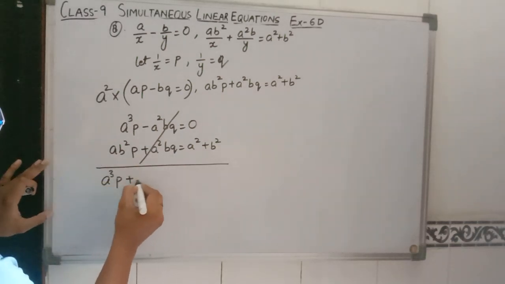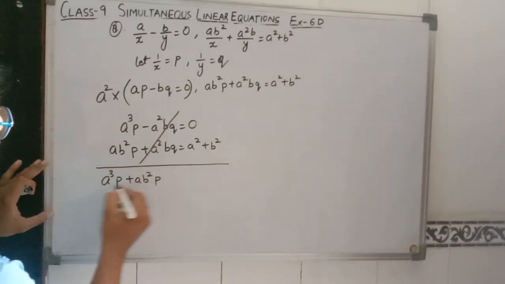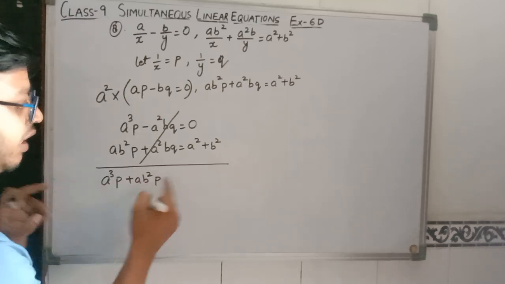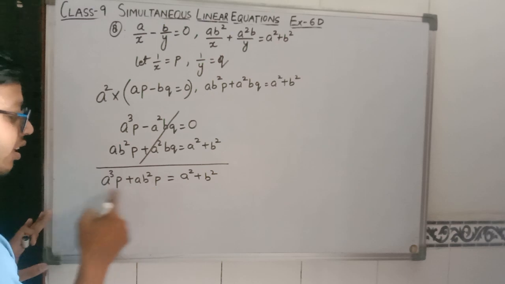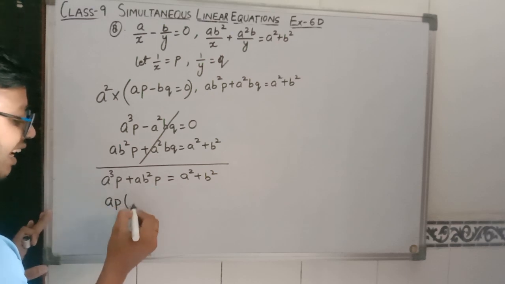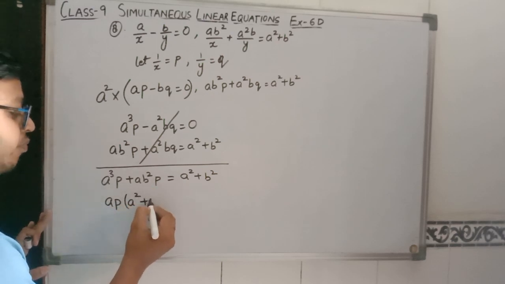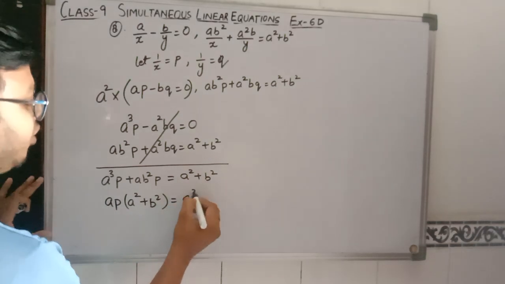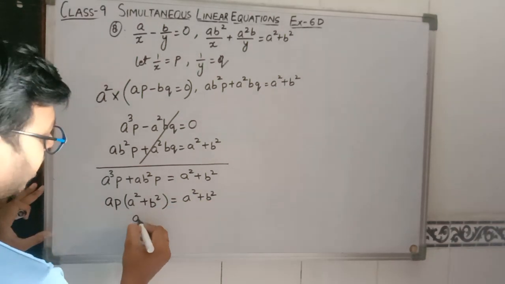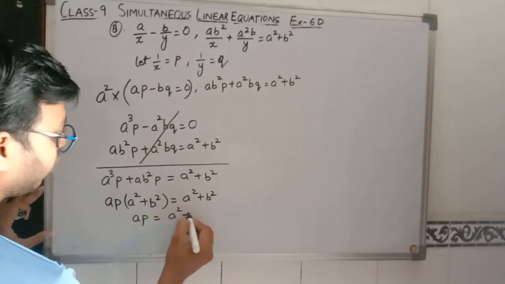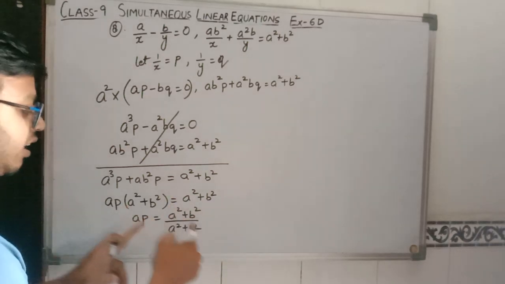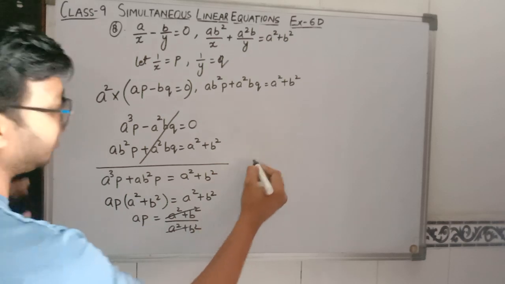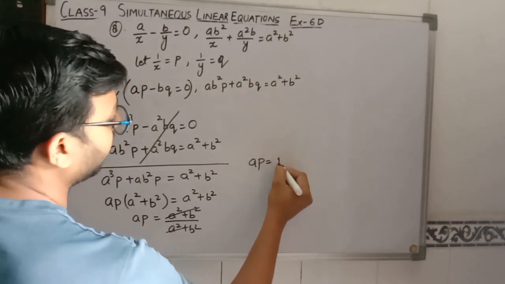A cube p plus ab square p, because these are not like terms, so we cannot add them directly, is equal to a square plus b square. Now in these two terms ap can be taken as common, so a square plus b square remaining is equal to a square plus b square. Now ap can be written as a square plus b square upon a square plus b square. This complete term will come in the denominator, so these will be cancelled. So the value of ap is coming 1.